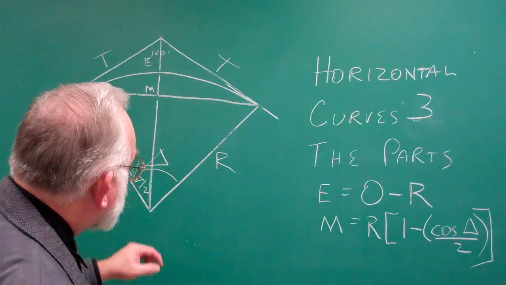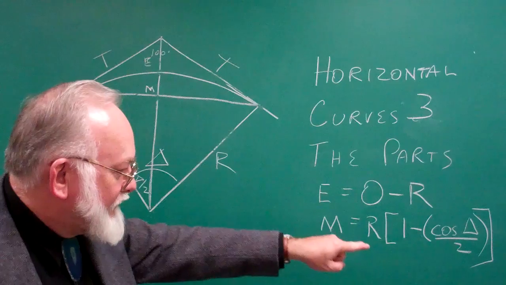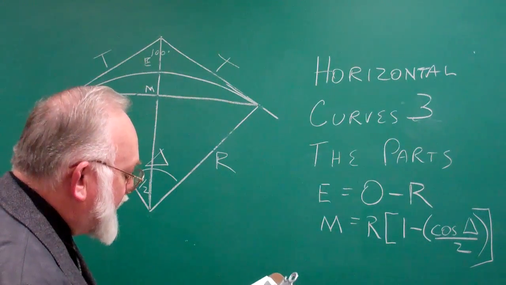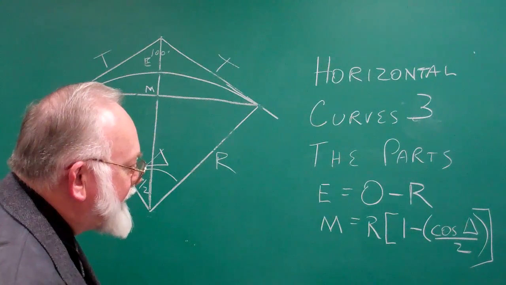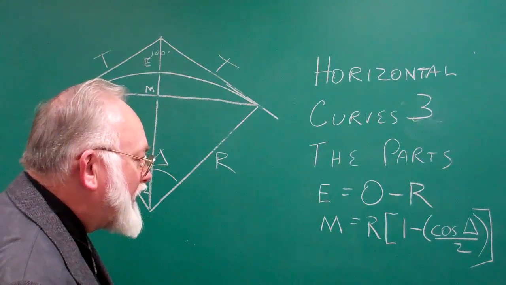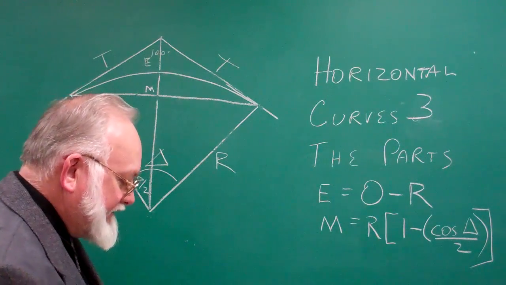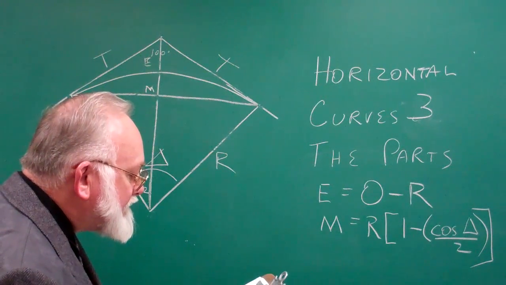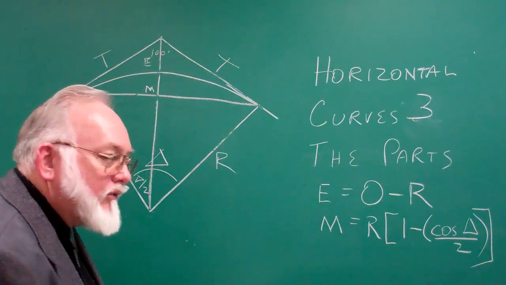Delta in this case is 80, so I'd have to calculate that. Anyway, you get the cosine of delta over 2, subtract that from 1, and multiply that by the radius, and you come up with 280.75 feet.